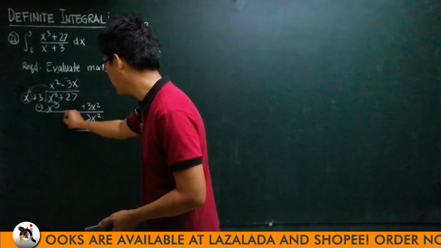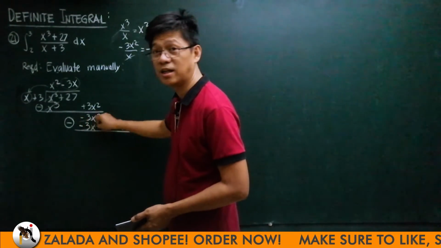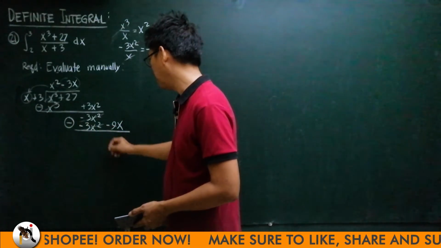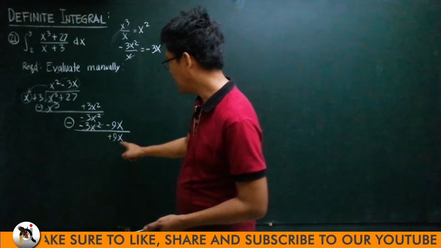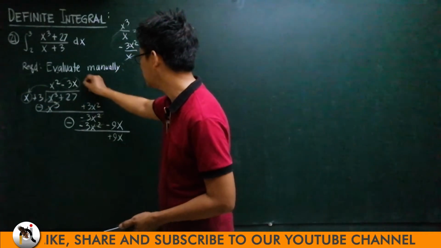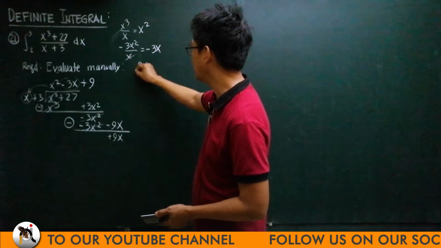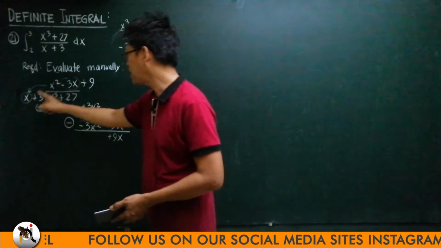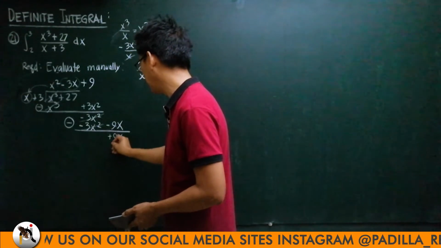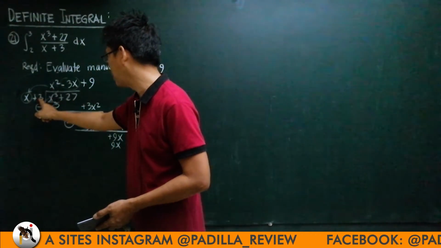So we subtract again. This minus this will cancel. So we have plus 9x. 9x over x is 9. So 9 times x is 9x, and 9 times 3 is 27.